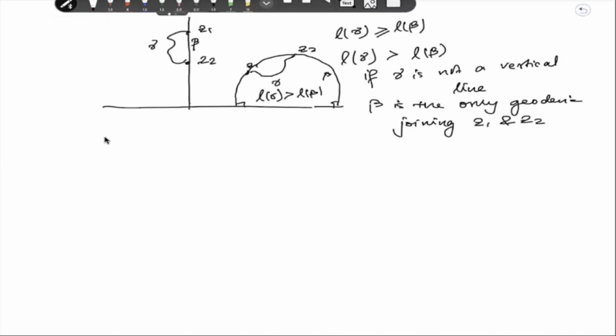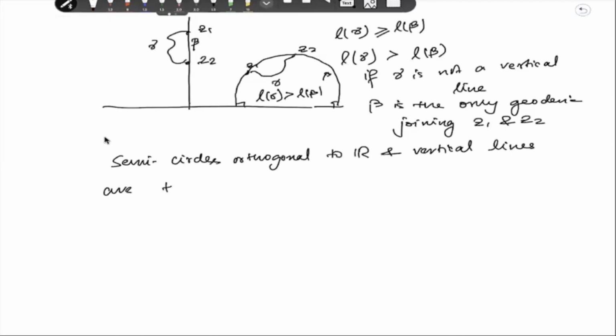So this will prove that semicircles orthogonal to the real axis R and vertical lines are the only geodesics of this upper half plane. Okay, so we'll stop here.